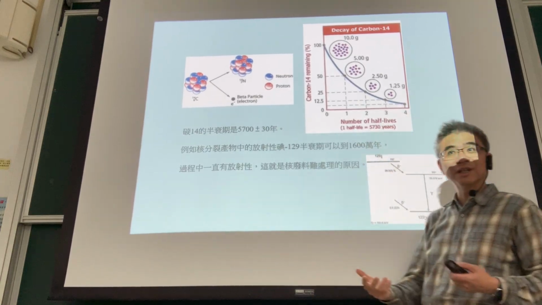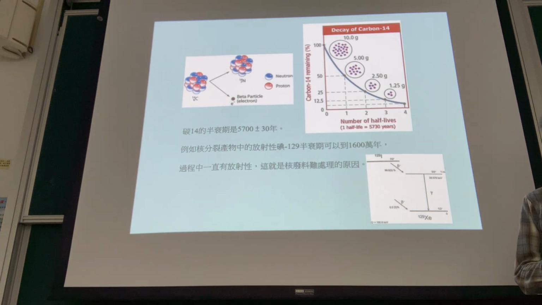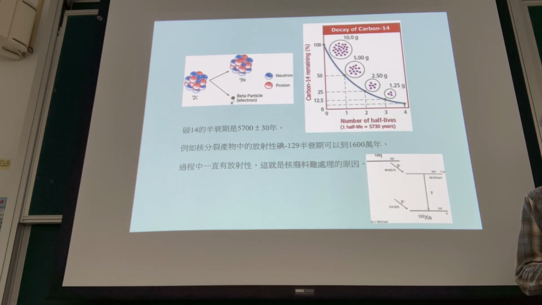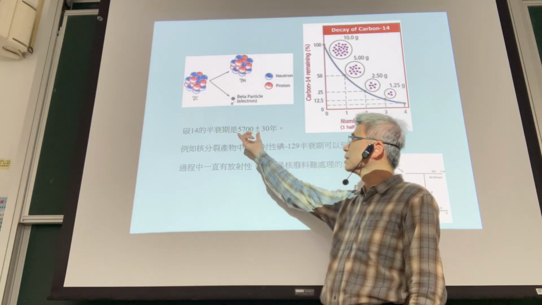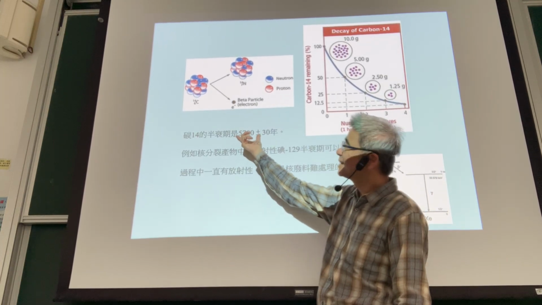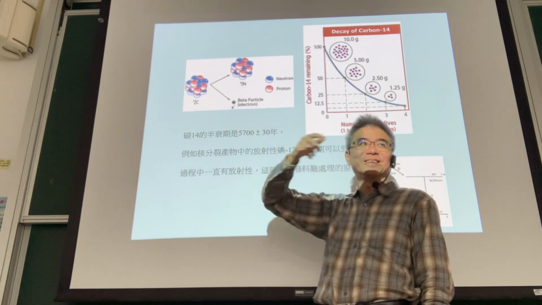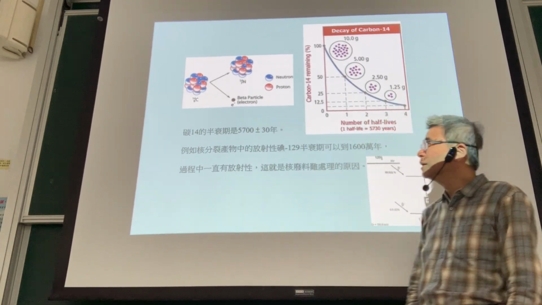That's why I told you that we can use the isotope carbon-14 to determine the history, the age of artifacts or a body we discover in an archaeological site. Because it takes about 10,000 years for the carbon-14 to decrease by half.